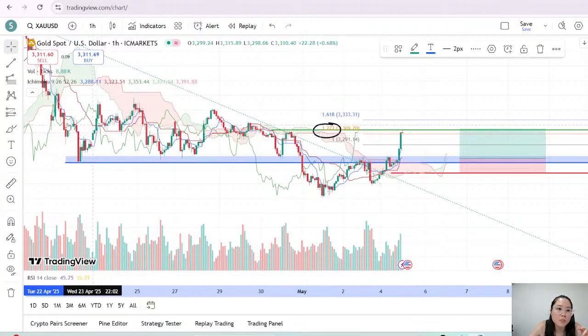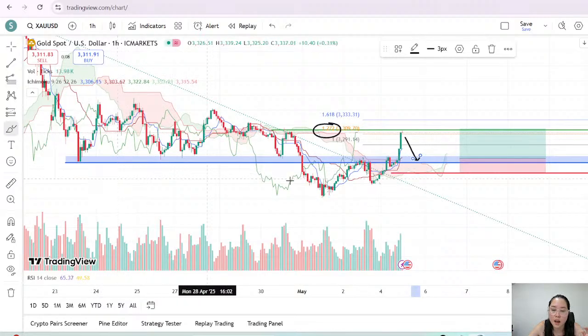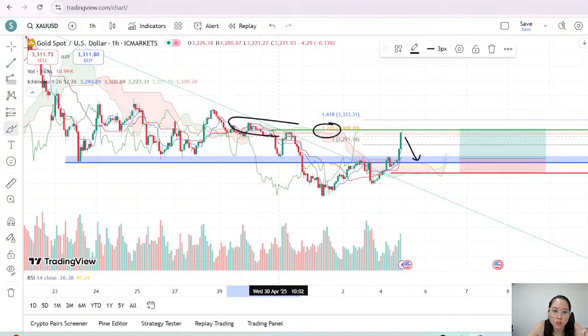So if price pulls down here, giving me a second chance at entry, I will take that second chance when it tests this area. I'll get in, I'll put my stop loss right below that area, and I will probably hold it back to this next level here.